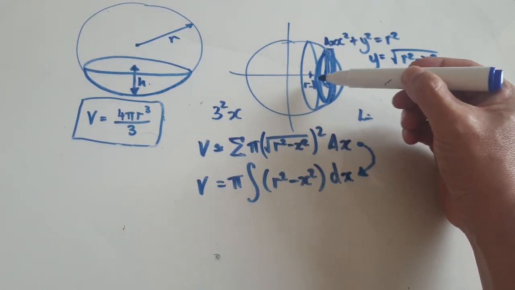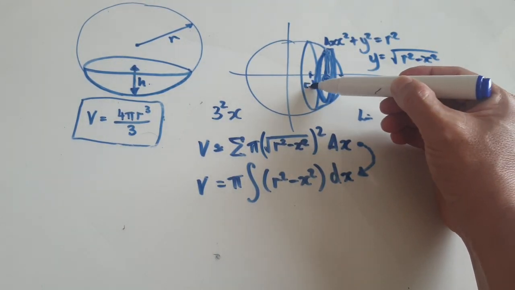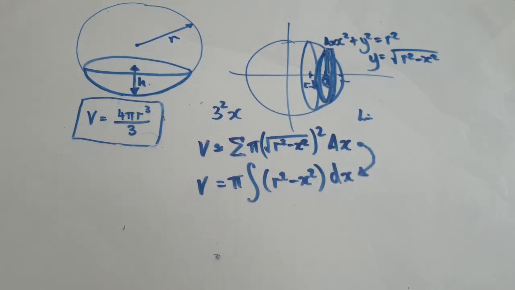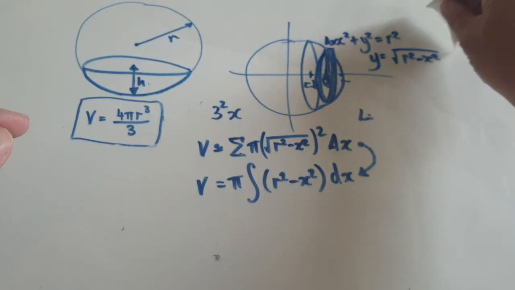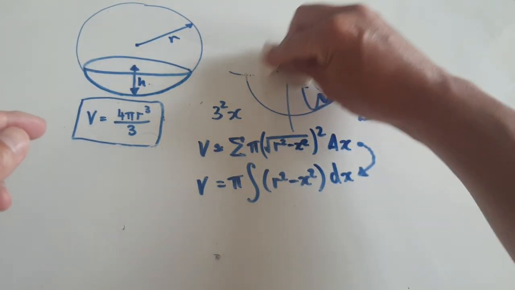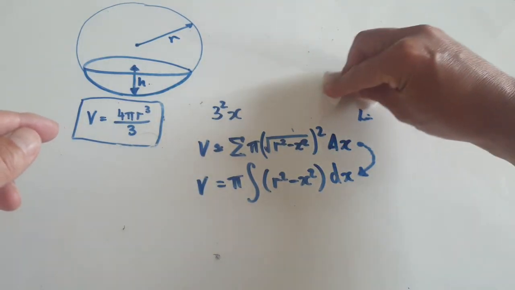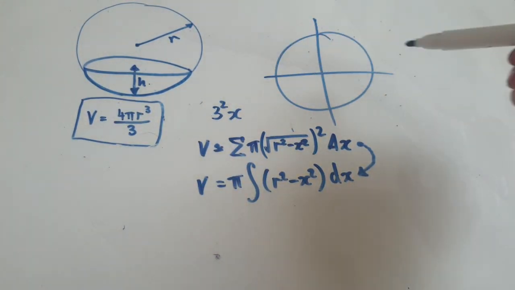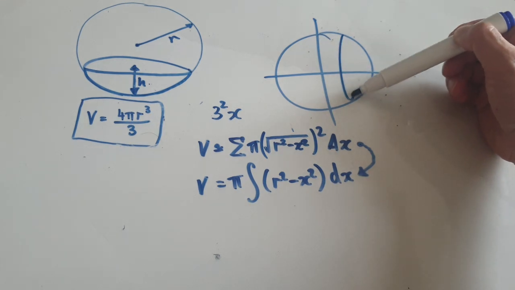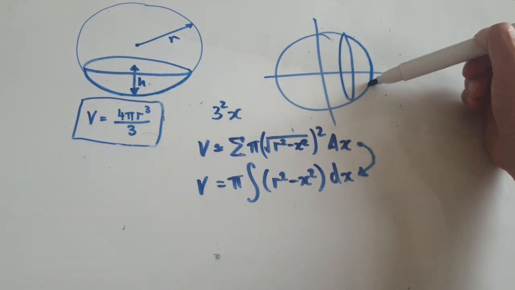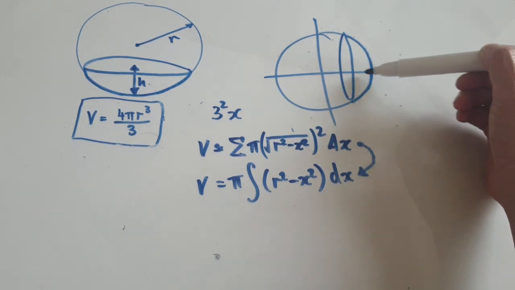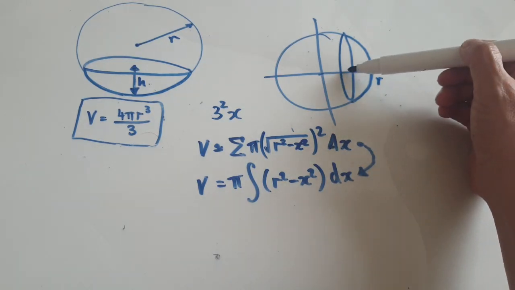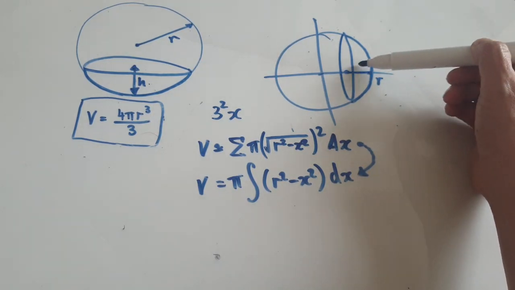So we're integrating it from r minus h. Hang on, let me just clean this up. We're integrating it from r minus h, and let me explain why. So you've got your sphere here. We're trying to work out the volume of this solid here. The radius is r, and this length here is h.